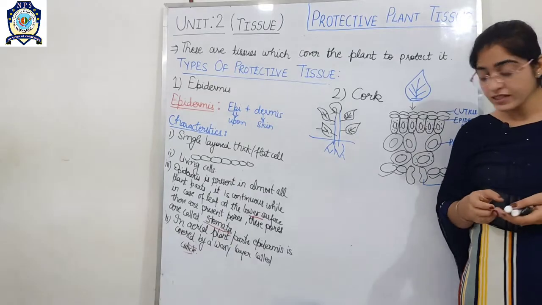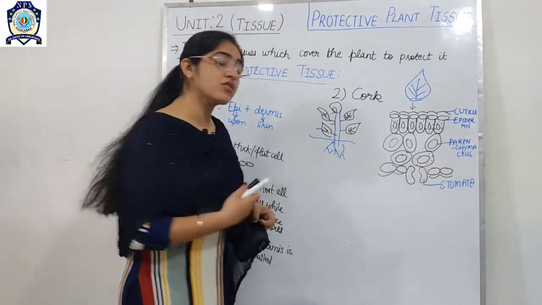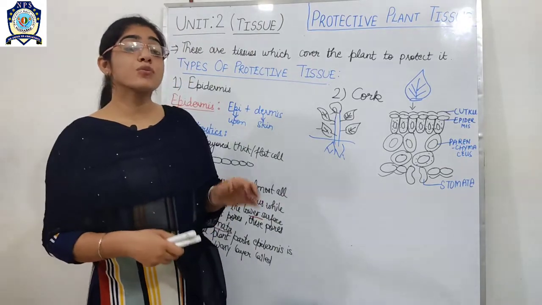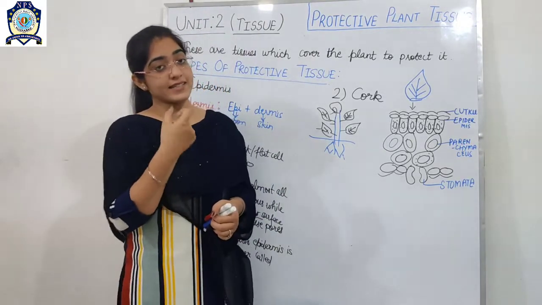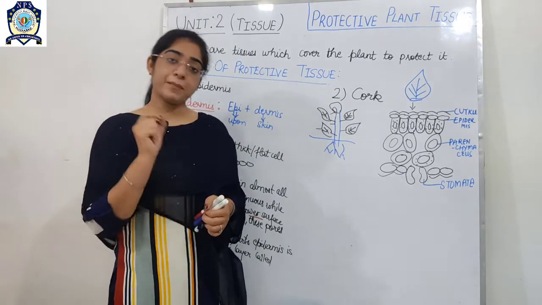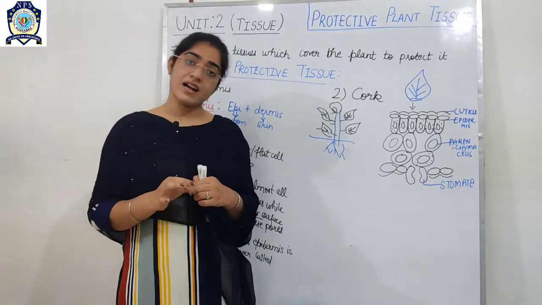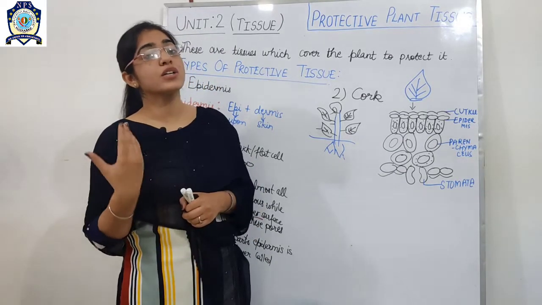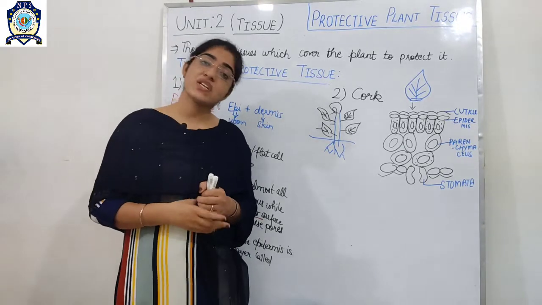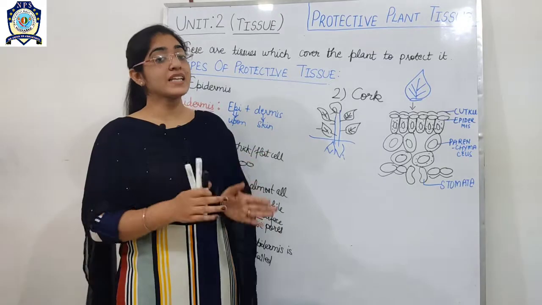Am I clear? So next, what is the function of this stomata? As you know, we all have the nose for the exchange of gases, but plants, like animals, don't have a specialized organ called the nose. So what do plants have in place of the nose?